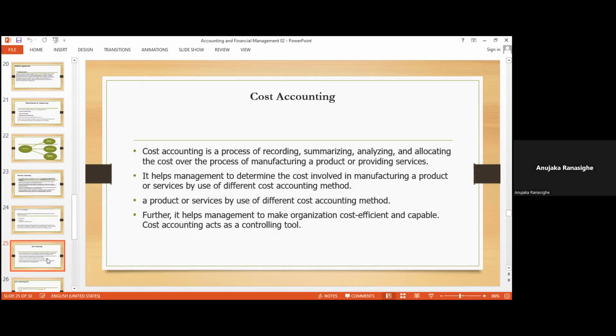We can get an idea of how to develop this product and how to make this product profitable through cost accounting.